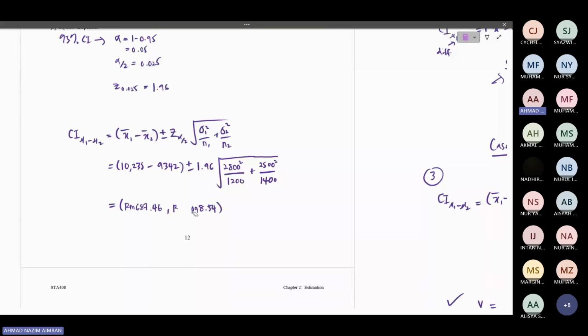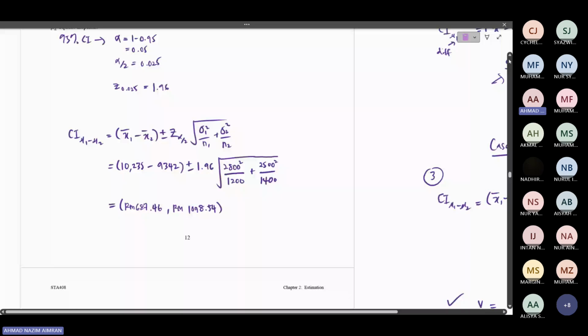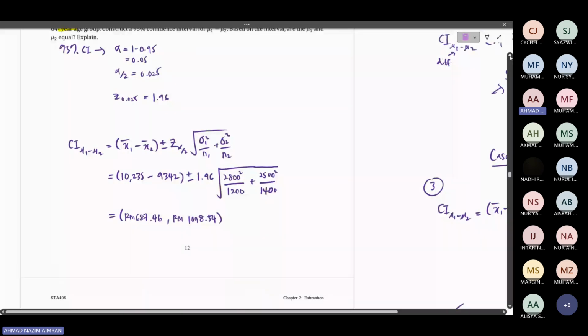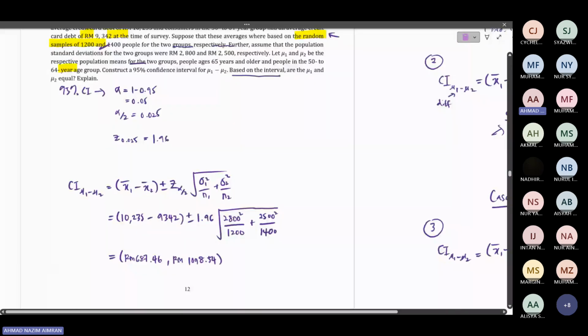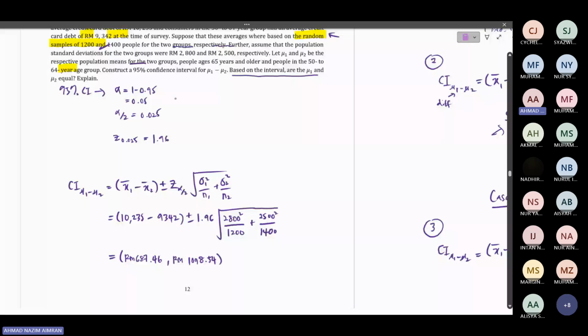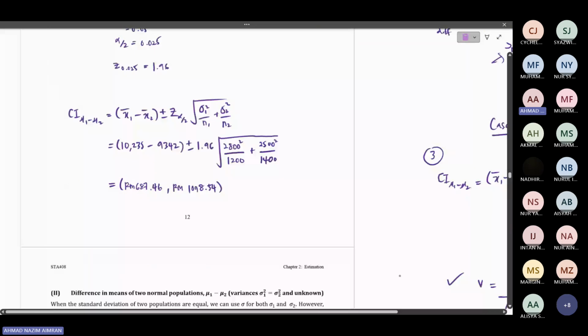Before we answer the second question, which is based on the interval, are mu1 and mu2 equal, I suggest you write down the interpretation first.